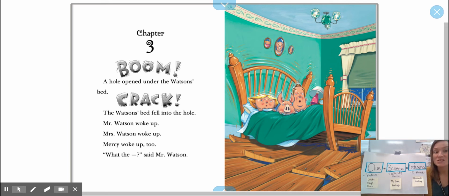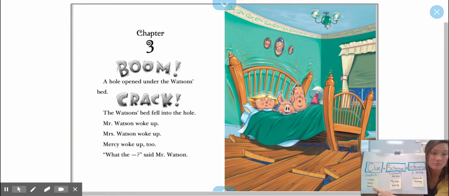Watson. So now, when I heard Mr. Watson say, what the? I know, I've heard people saying that, and that means he's wondering, what is going on? So maybe he's feeling confused, or maybe he's feeling very shocked, right? The actions, the bed fell into a hole. That's a really big action, right?